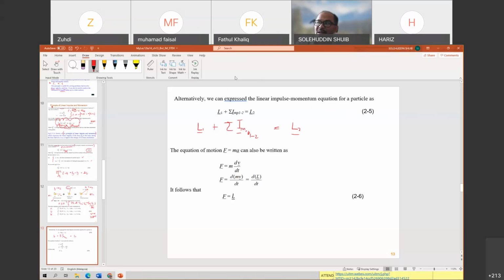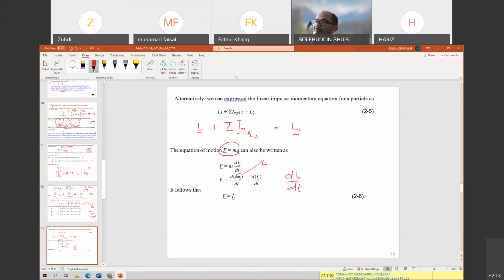And then from the equation above, we have dv/dt, and we know that mv is L, so it's going to be dL/dt.